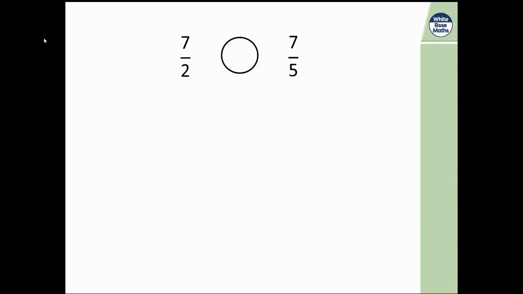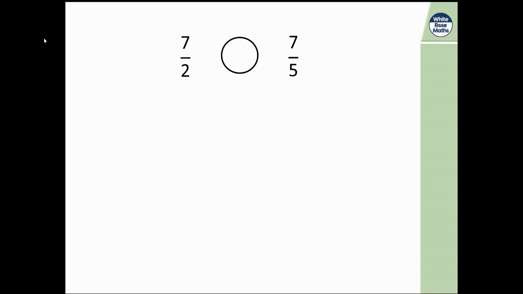Right, now we have to try and work this one. So we've got 2 improper fractions. And in the middle, we have to put less than, greater than, or equal to. So we've got 7 halves, and we've got 7 fifths. So first of all, how many 2s are in 7? Okay, so we've got 2, 4, 6, so 3, and we've got 1 left over.